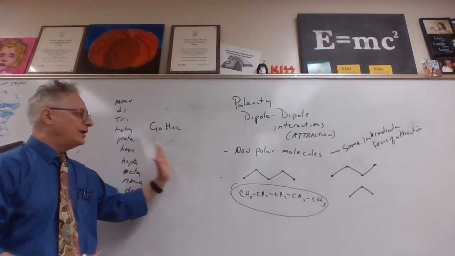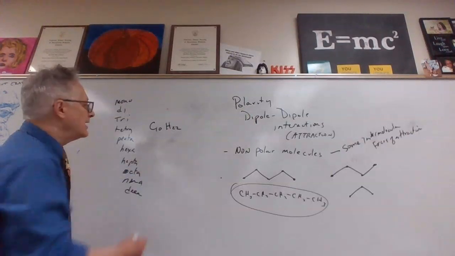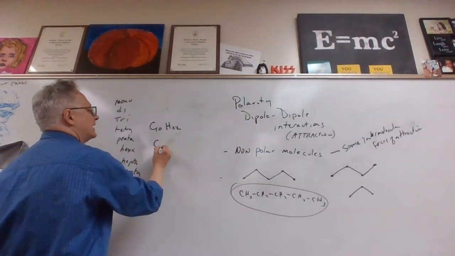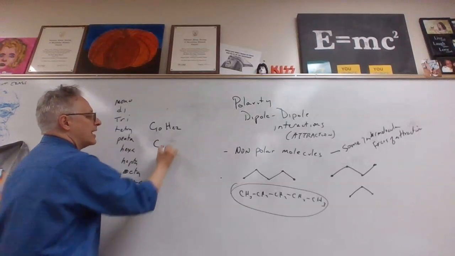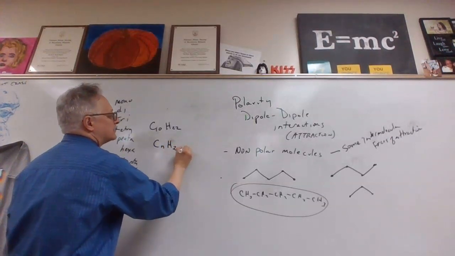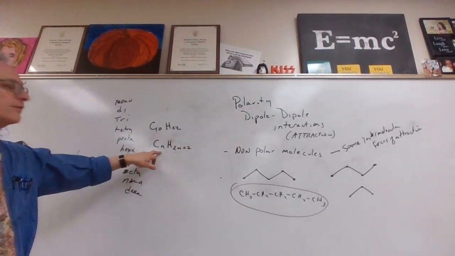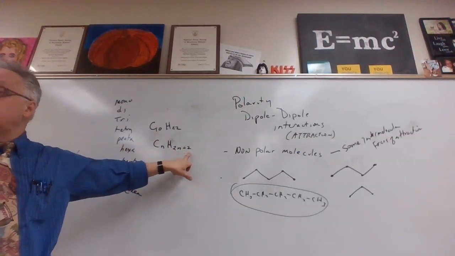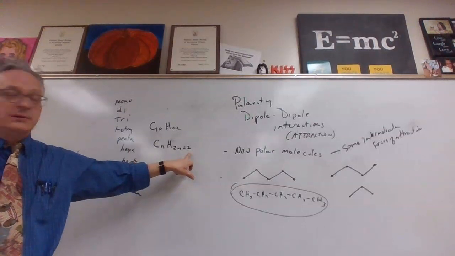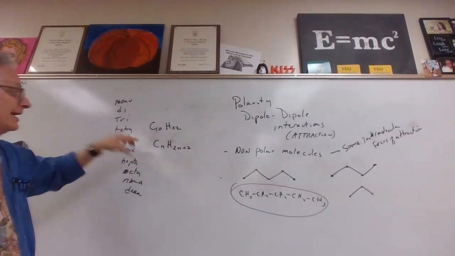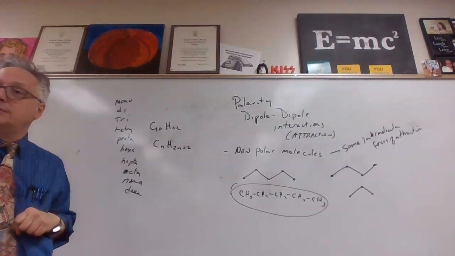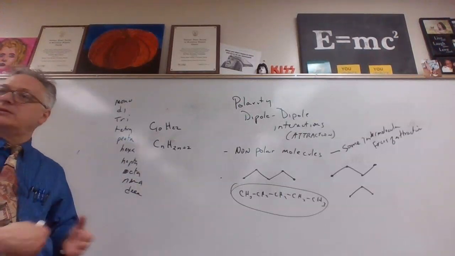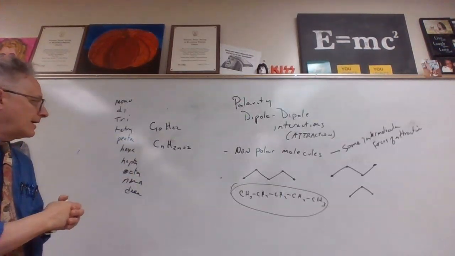And the way you write formulas for alkanes is CnH2n+2. So whatever your number of carbons is, you just multiply that by 2 and add 2, and that's going to give you the number of hydrogens. So I could come up with decane, C10H22. So that's how you know those formulas and the names of those formulas.